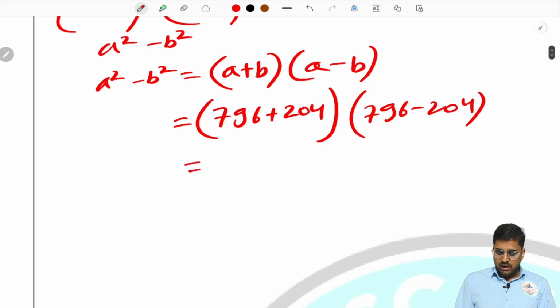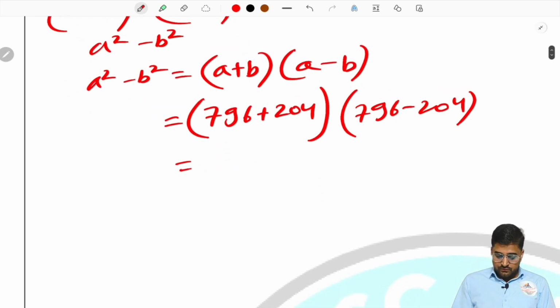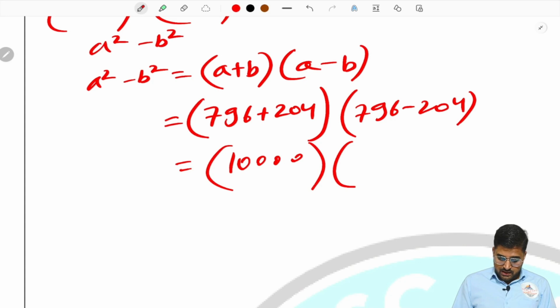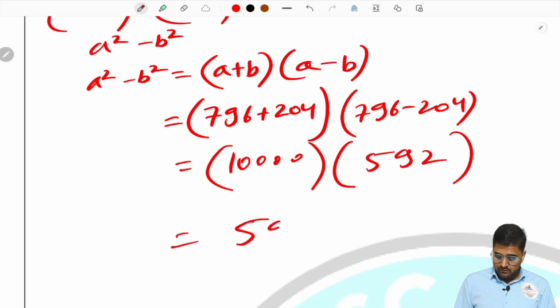So I have solved it already, but for your understanding only, let us say it's okay, and it is multiplied by 592. Okay, and when we multiply by 592, 1 2 3 4.